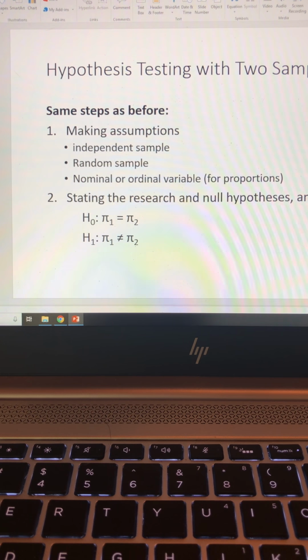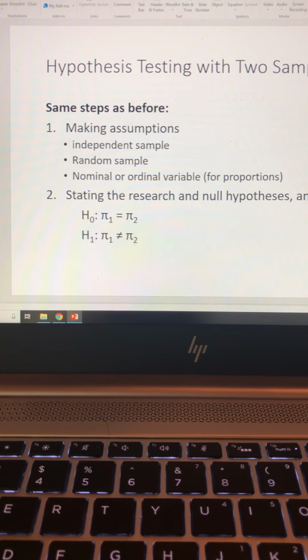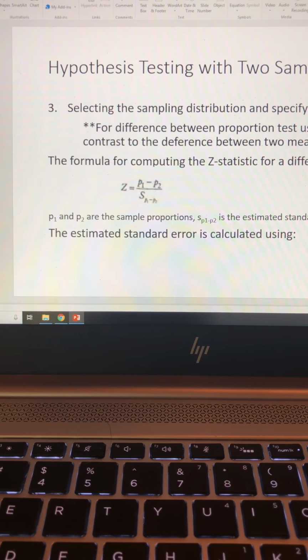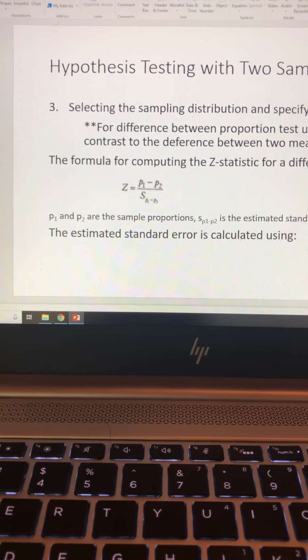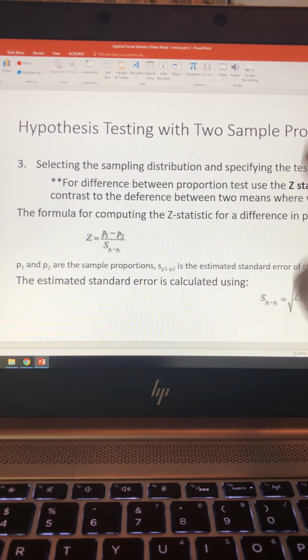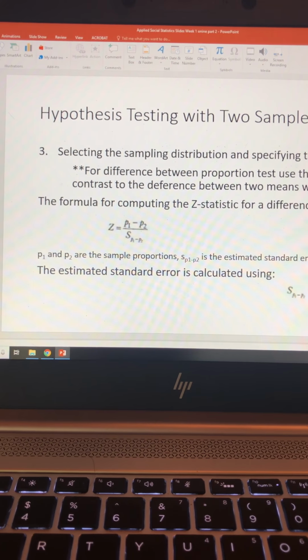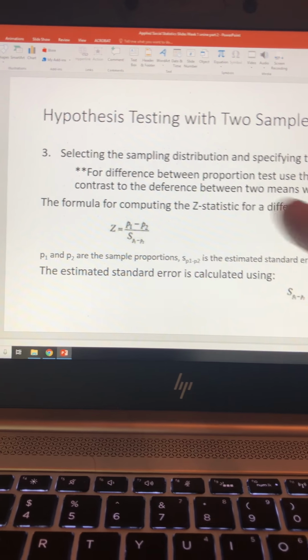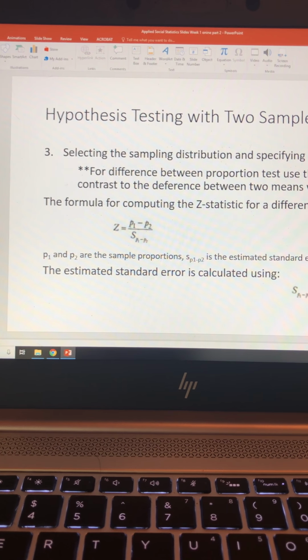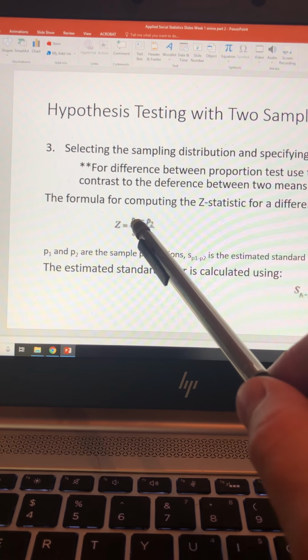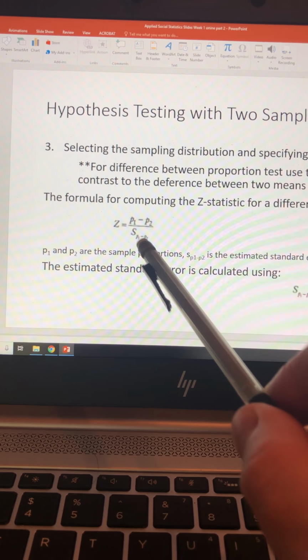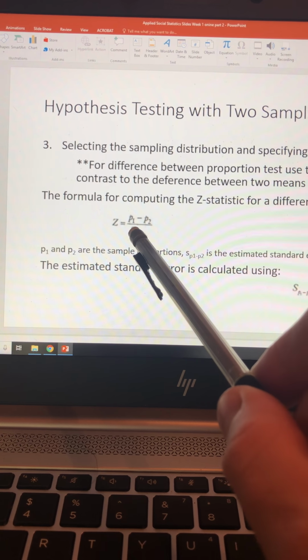Okay. So same thing. Make the assumptions, state them, write them down, then select the sampling distribution. For the difference between proportions, we use the z statistic, in contrast to the difference between two means, where we use the t, as before. The formula for computing the z statistic for proportions is relatively easy. It's just proportion 1 minus proportion 2 over the standard error of the proportions.